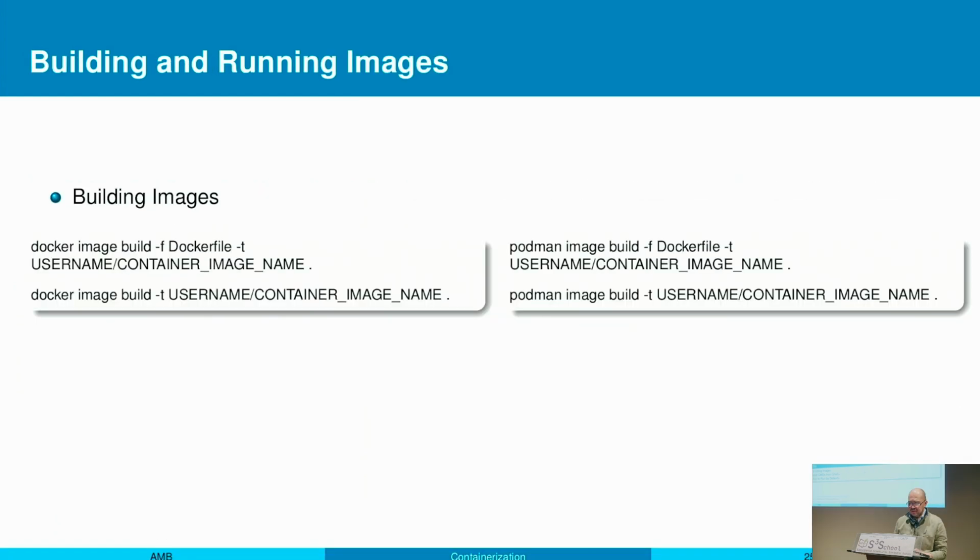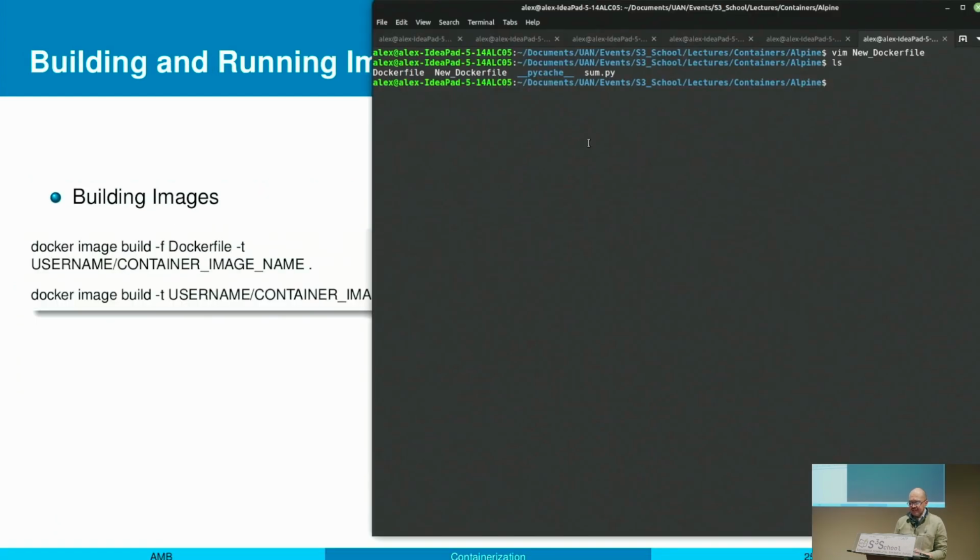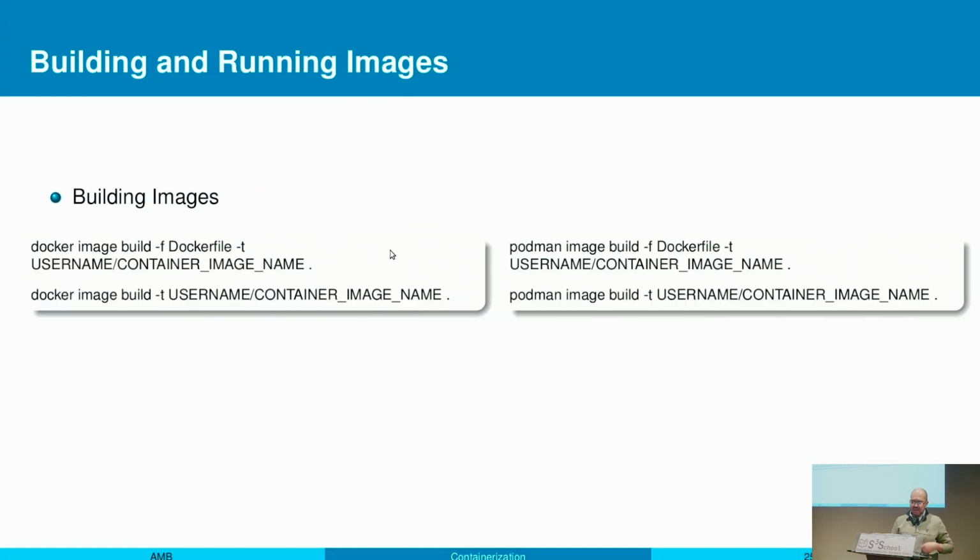If you name the file Dockerfile, then you can run this second command, docker image build -t, then the name of the container image.